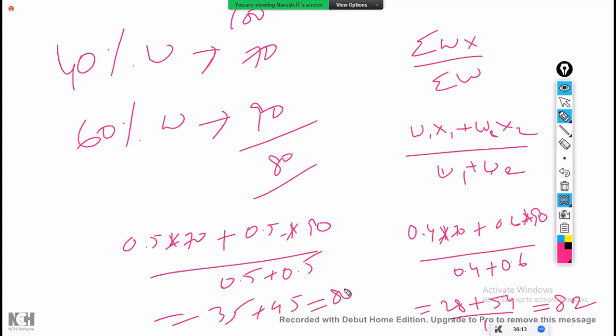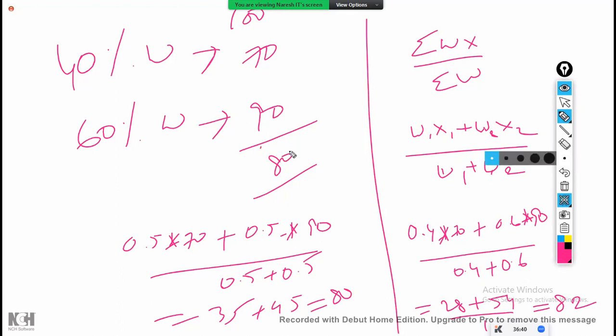This is the actual meaning of taking the average of 70 plus 90 divided by 2: both have the same weightage. By default, whatever general average we take says that everything has the same weightage. The weighted average says that this one has a different weightage and that one has a different weightage.